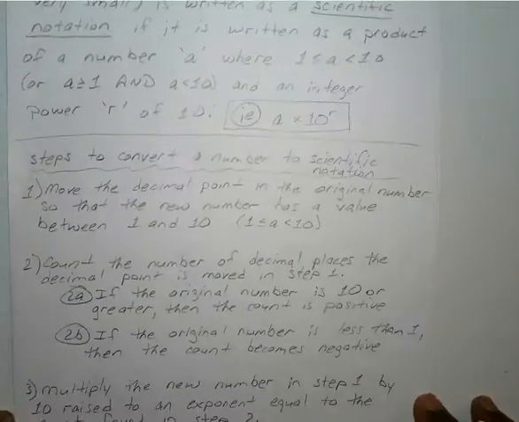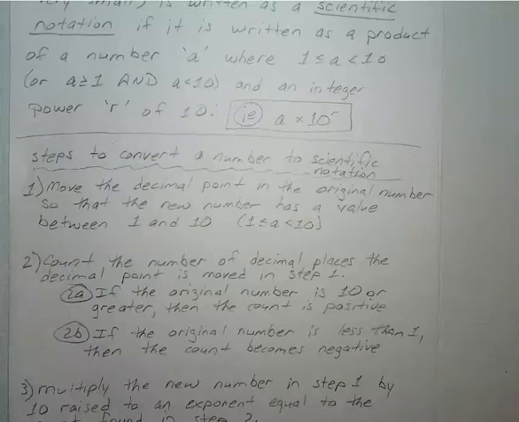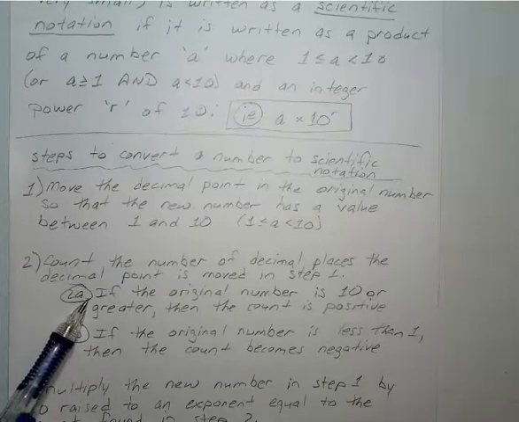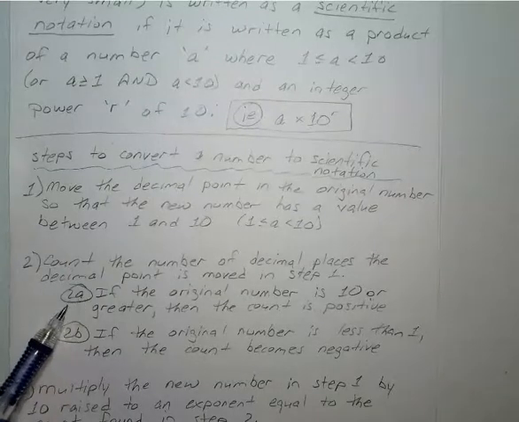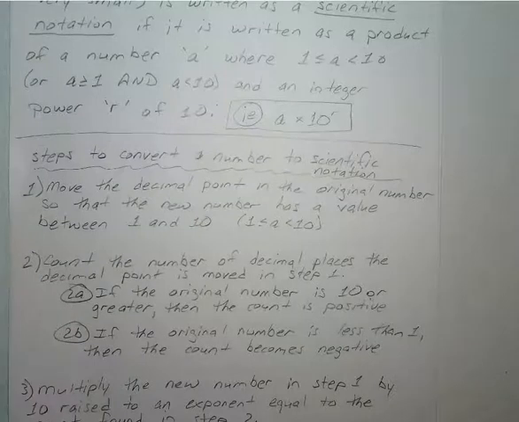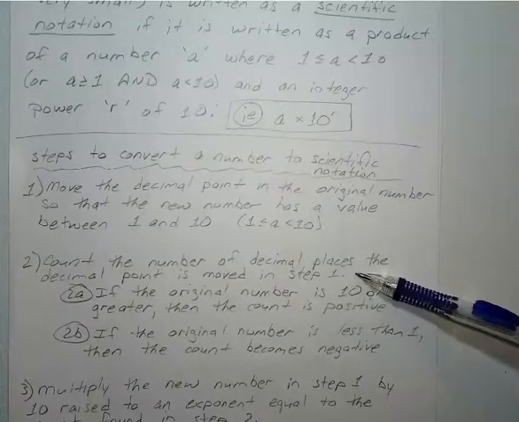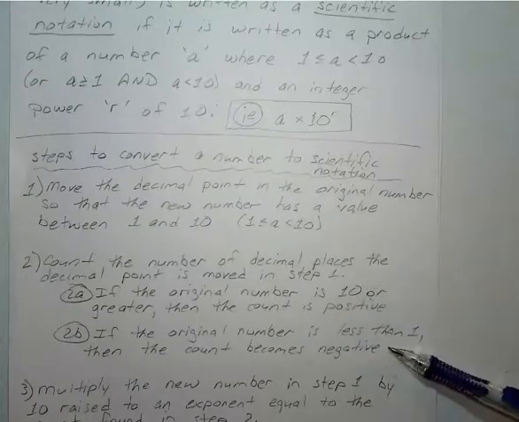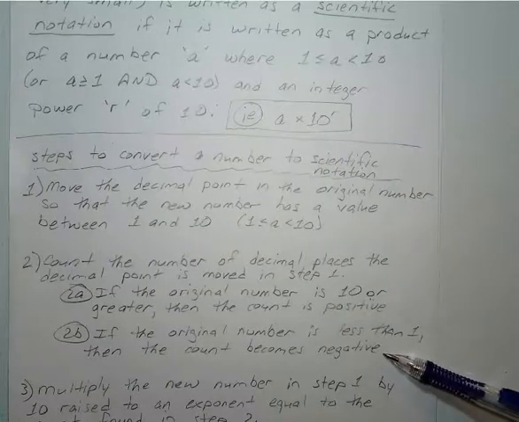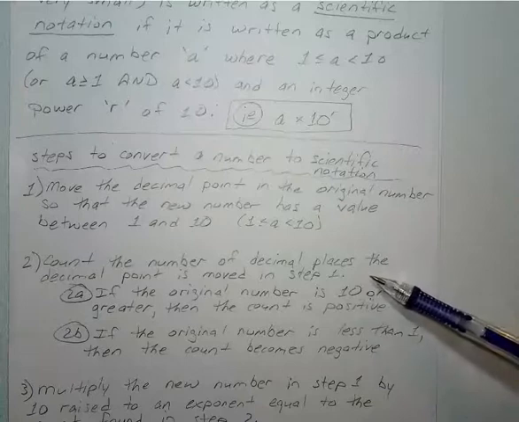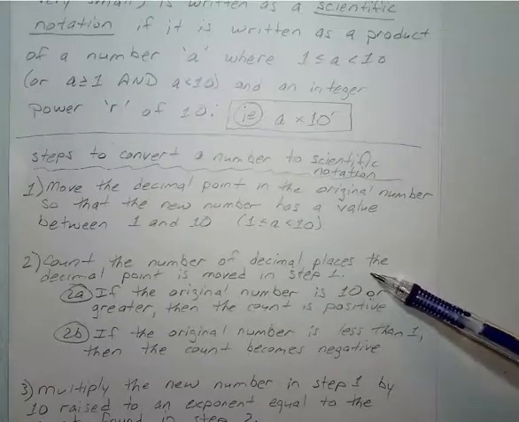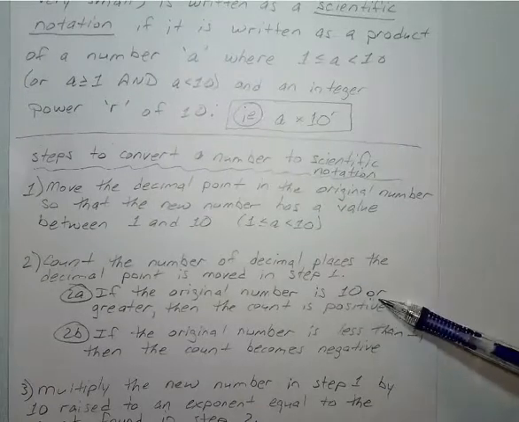Now you focus on the original number, because if the original number is 10 or greater, then the count from here stays positive. But if the original number is less than 1, then the count becomes negative. So let's say you move 6 decimal places. If your original number is 10 or bigger, then that would stay positive 6.